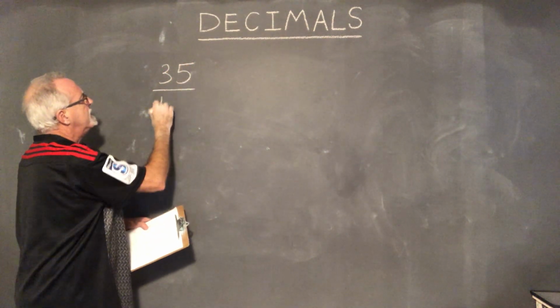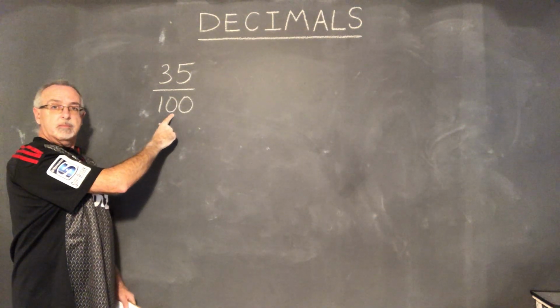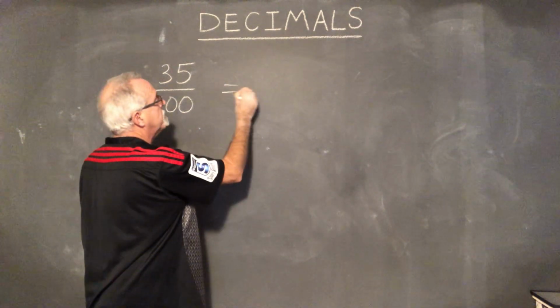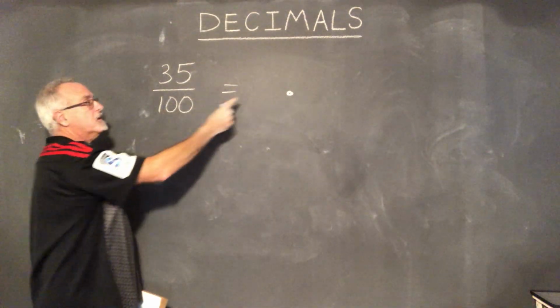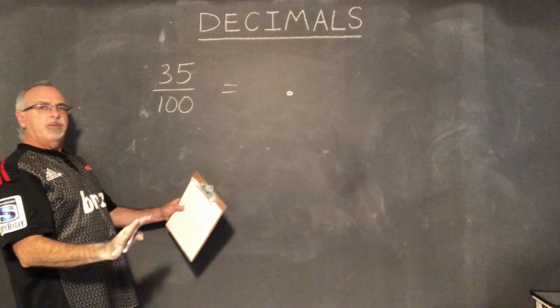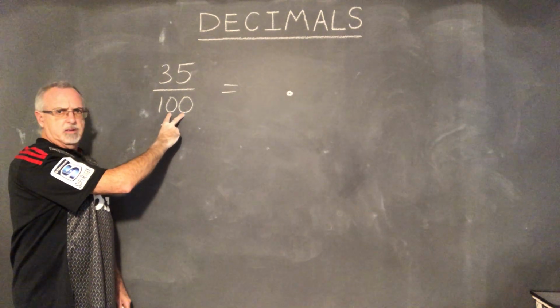So how about 35 hundredths? This is less than 1 because the numerator is smaller than the denominator. So I'm not too surprised to realize that there's no big number here, so there's not going to be anything over here unless I decide to put a 0. But before I worry about that, I'm looking at my denominator and saying 100. It's 100th.